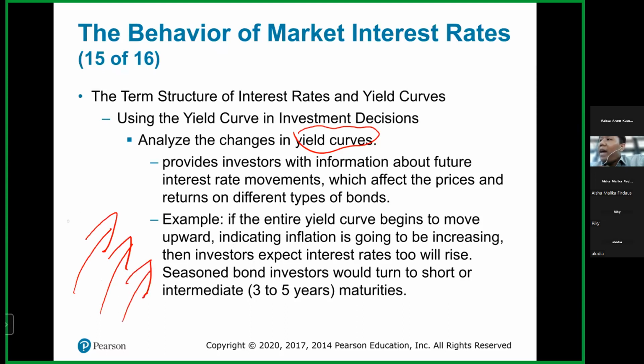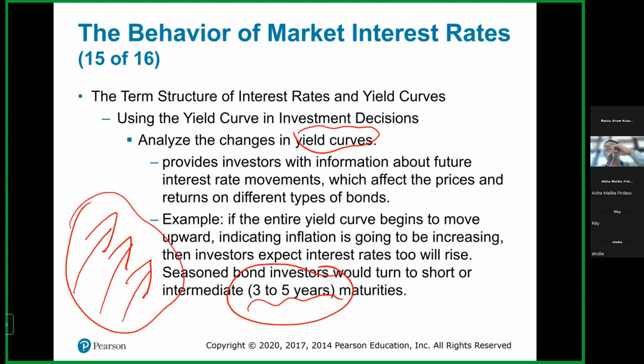And when this happens, investors will go for short to intermediate bonds, because they will see more profit investing in short or intermediate maturities bonds. So this is the benefit of analyzing the market yield.